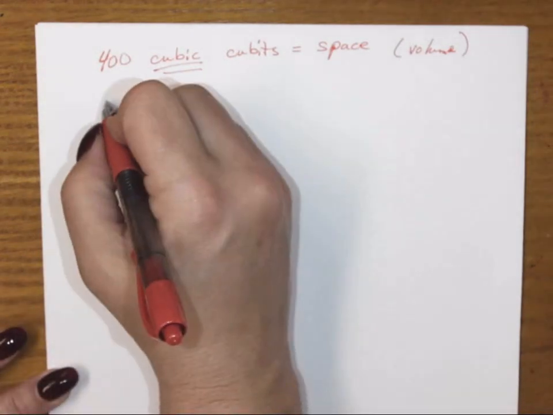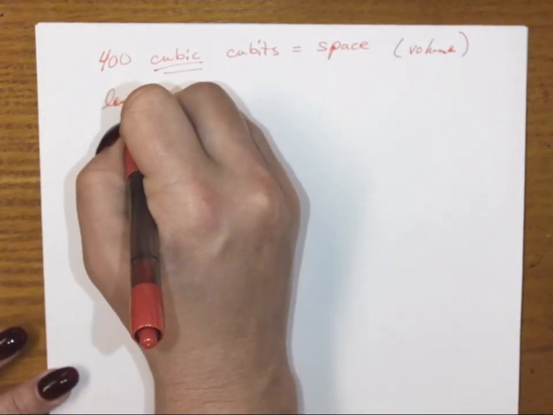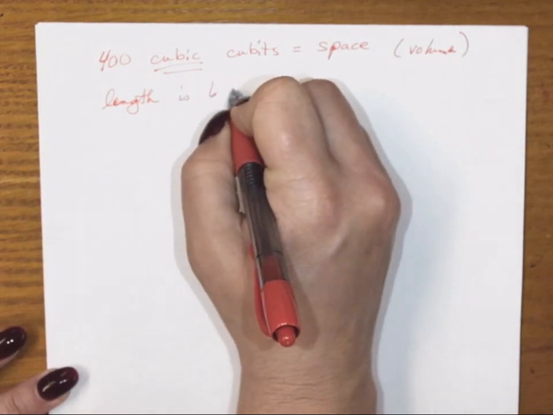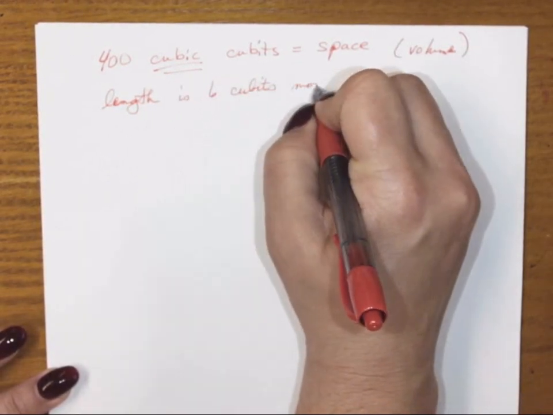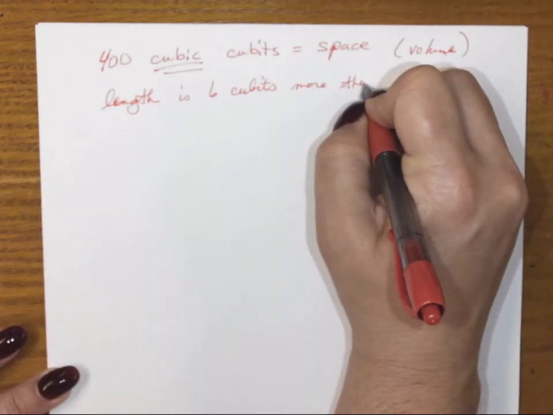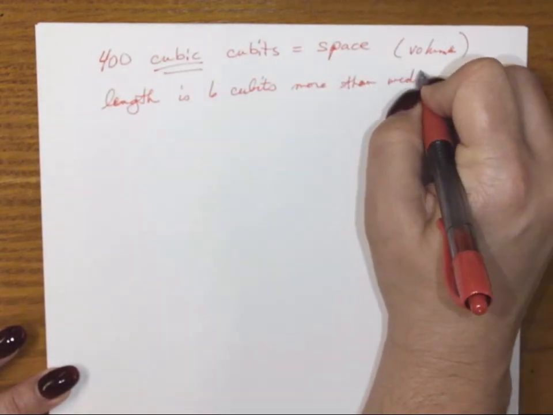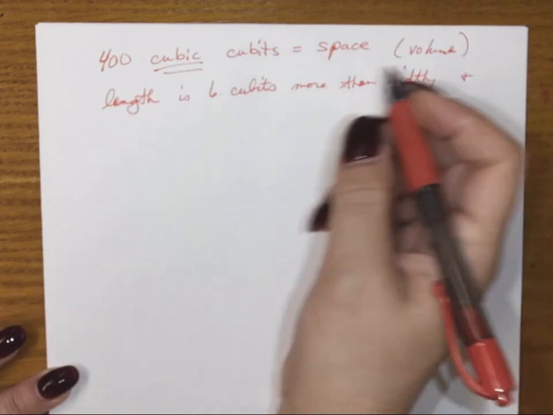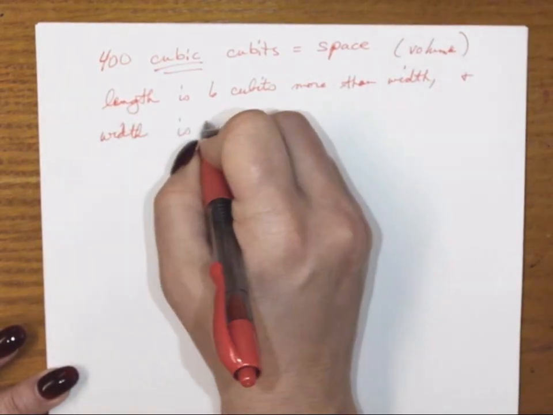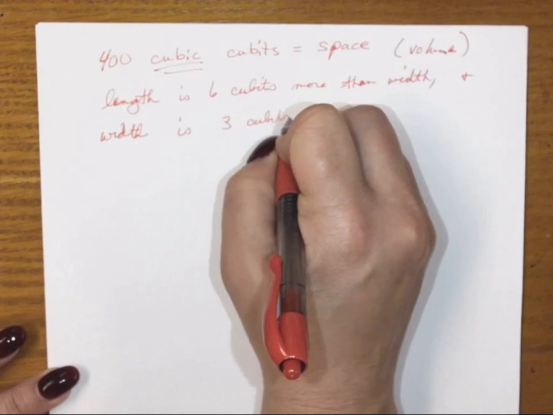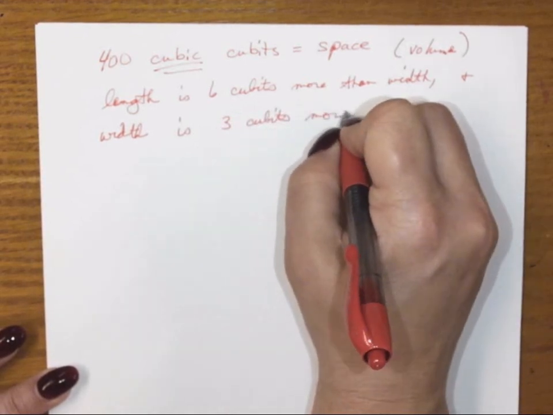Okay, if the length is 6 cubits more than the width, and the width is 3 cubits more than the height.